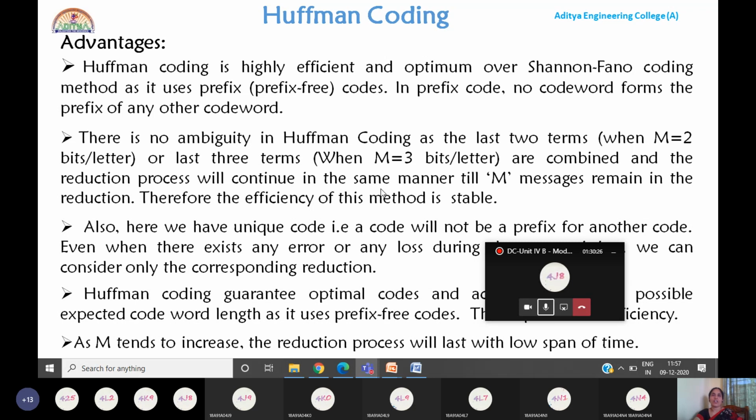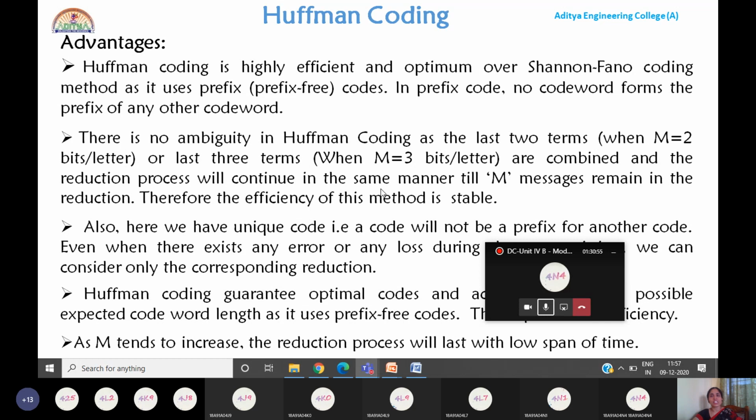If m is 3, we'll assign 0 to the last but second term, 1 to the last but one term and 2 to the last term. Like that we'll combine the last three terms, last two terms or last m terms, and the reduction process will continue till m number of messages remain in the reduction.